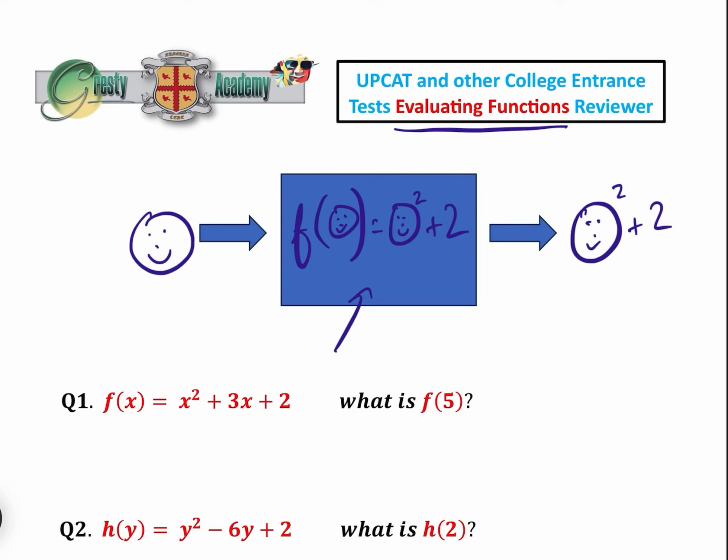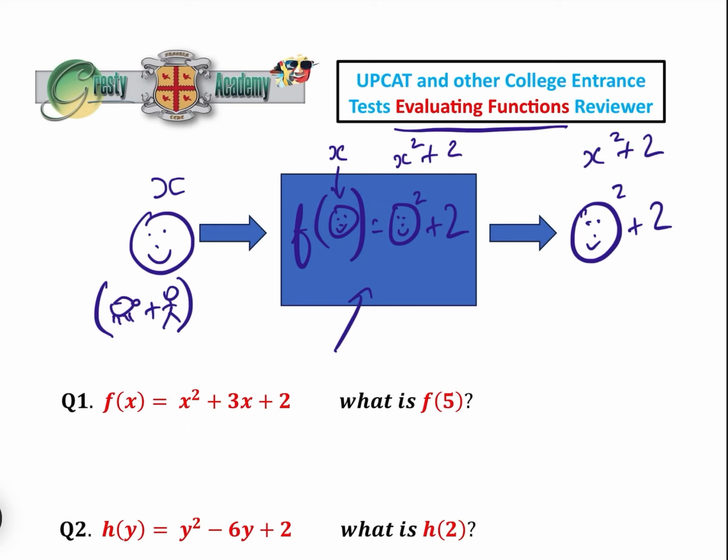Okay, now more traditionally people don't use smiley faces in algebra. There's no reason why they can't. They use x. So if we were inputting x, then f would turn x to x squared plus 2, and we would have an output of x squared plus 2. Now finally, let's just imagine that we are inputting a dog plus a stickman into this function.